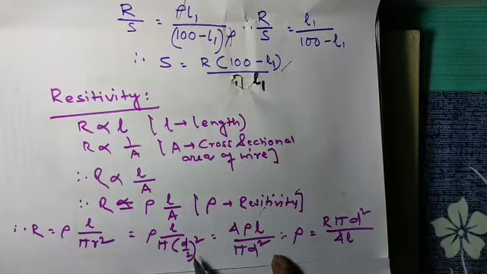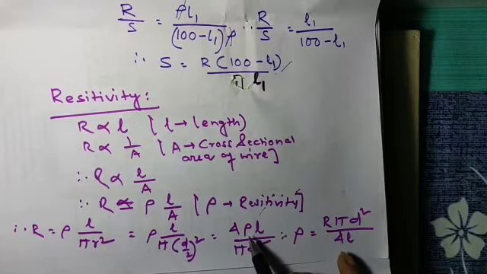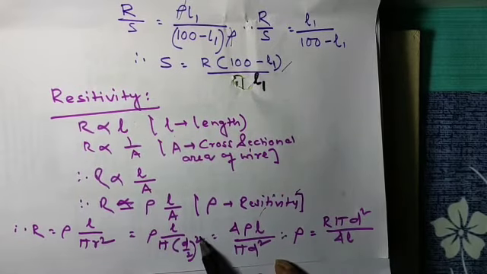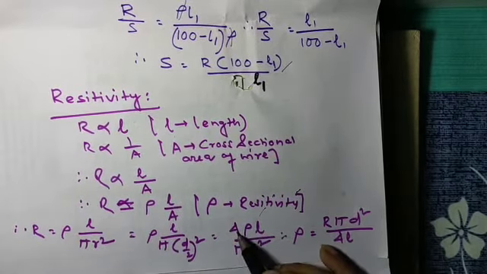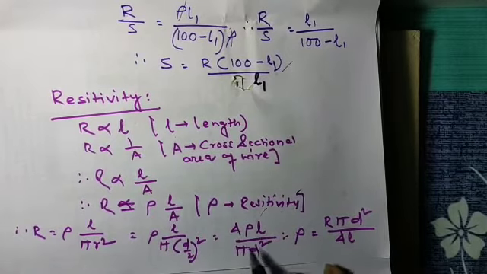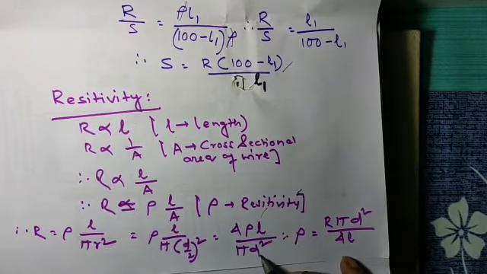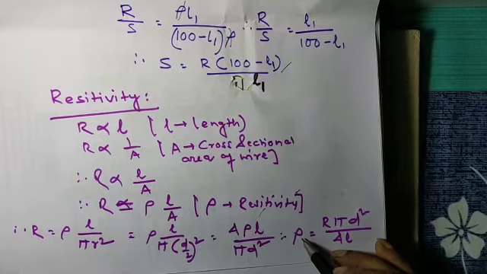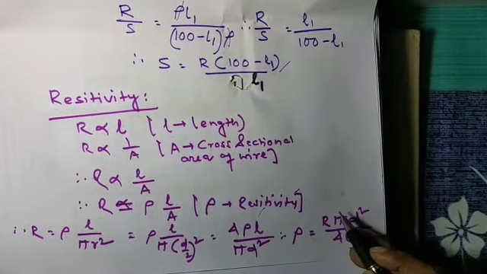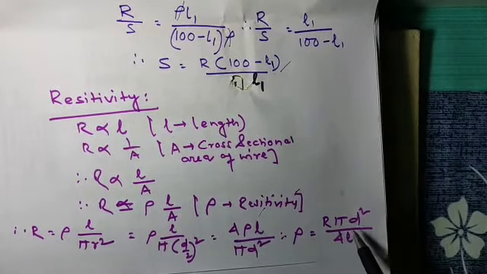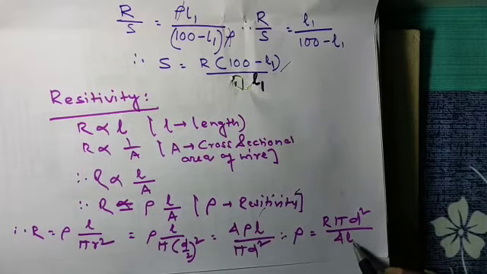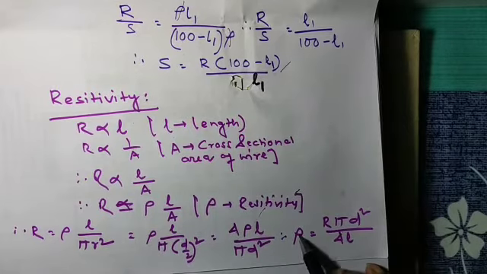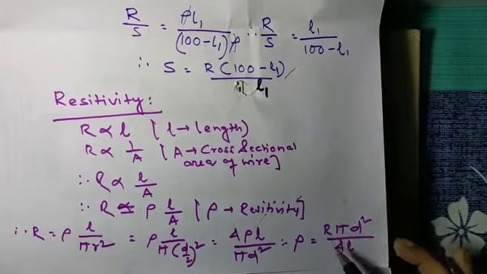The 2 square is equal to 4, and it goes to the upper side, so R is equal to 4 rho L by pi d square. So finally, rho will be equal to R pi d square by 4L. We can get the value of the resistivity from this formula.